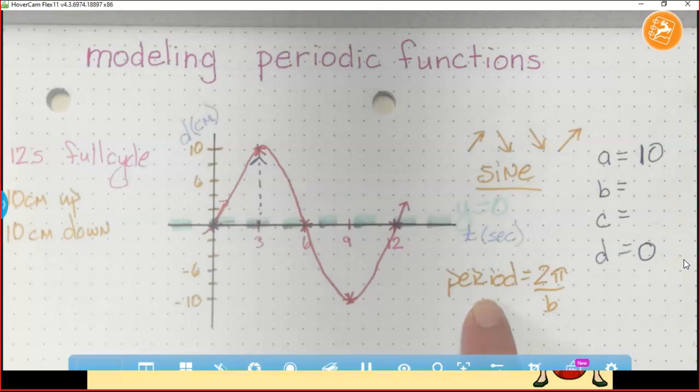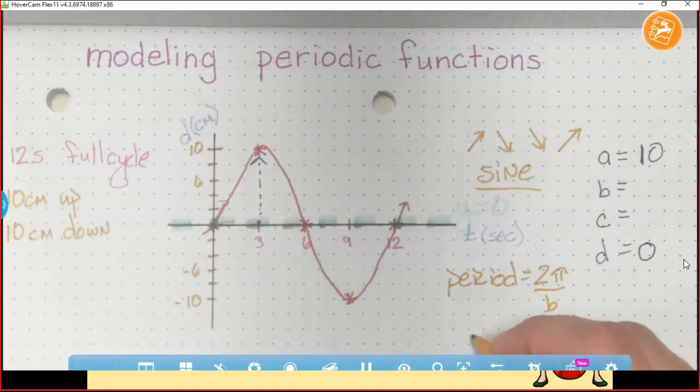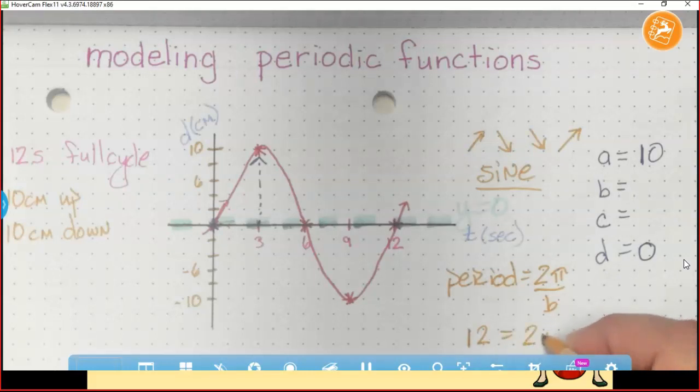How long does it take me to complete an entire cycle of this graph? Well, it takes me 12 seconds. Since this takes me 12 seconds, I know 12 is equal to 2 pi over B.